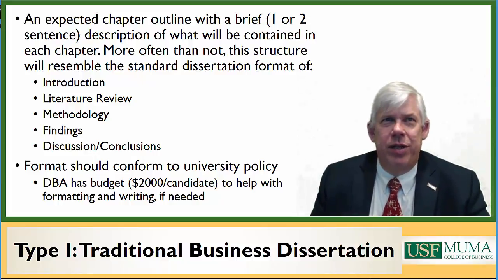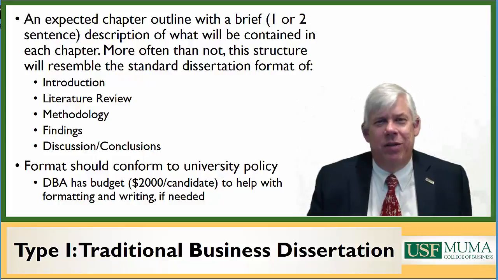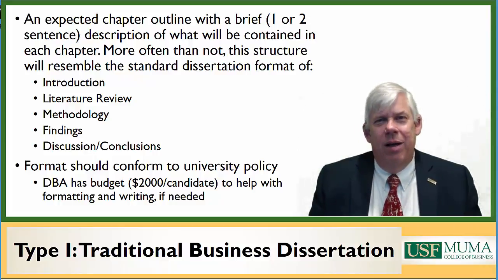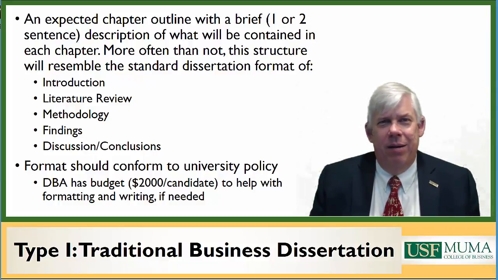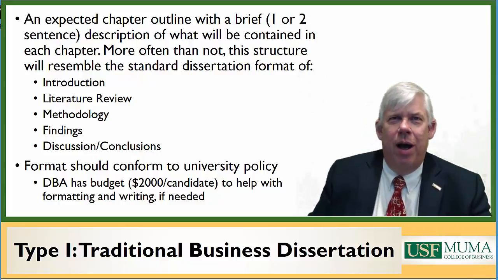So the traditional business dissertation is going to essentially be a document, normally with 6 or 7 sections, covering the literature, the research methodology, the research questions, findings, discussion, and conclusions, and so forth.